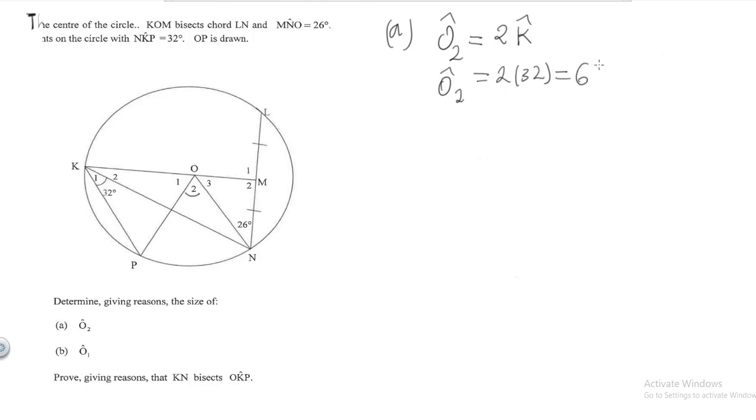So will be 64 degrees. What is the reason? Angle at the center is double the angle at the circumference. Okay, now here we know it's already 62.